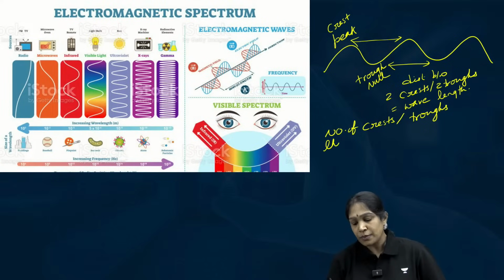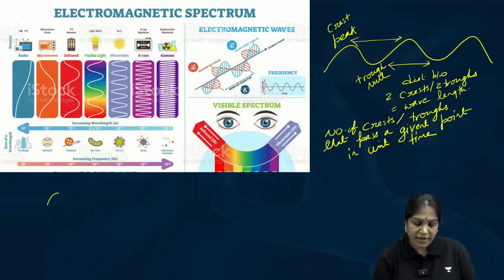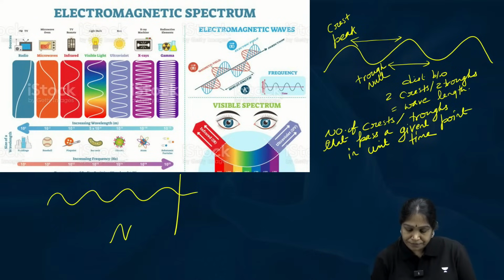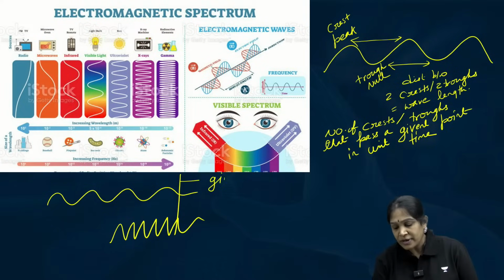Then the number of crests or troughs that pass a given point in unit time means, okay, this is that given point.